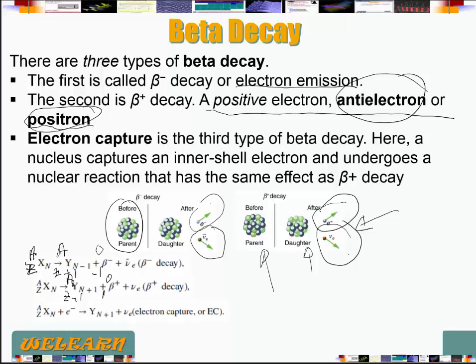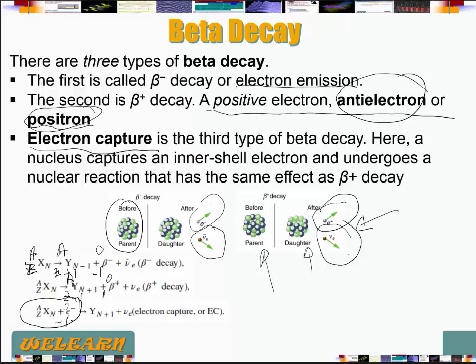Okay. Now the third type of what we call beta decay, it's actually the opposite of an emission, which is a capture, electron capture. That's the third type of beta decay. So in this case, what happens is the parent actually captures an electron. So on the left side of the equation, we have two things. As it captures an electron, remember the electron is 0, minus 1.